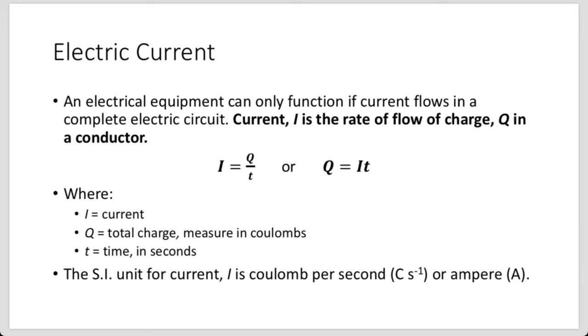Here, what we're talking about rather is current in relation to the amount of charge. What we didn't learn in Form 2 is that current is telling us how many coulombs are flowing per second. That's the important thing that we did not discuss back in Form 2.